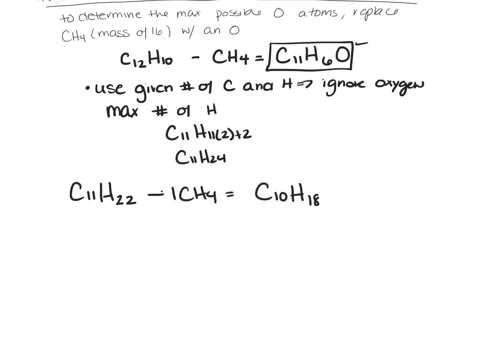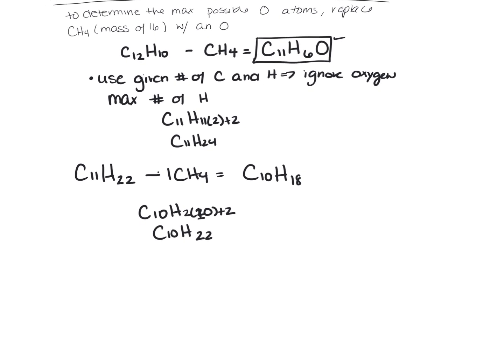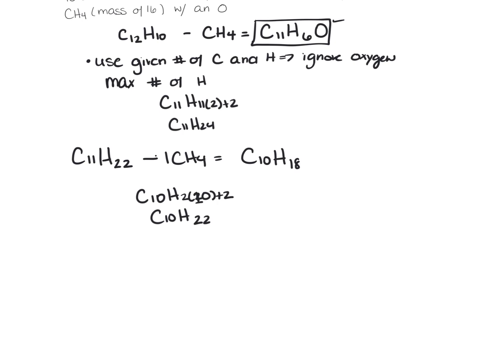And so we would say, okay, does that still make sense? C10H2 times 10 plus 2, 2 times 10, right? 22. Okay. And so it's still less, so that would make sense.